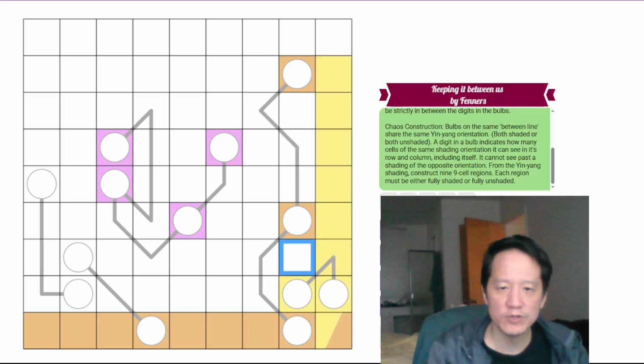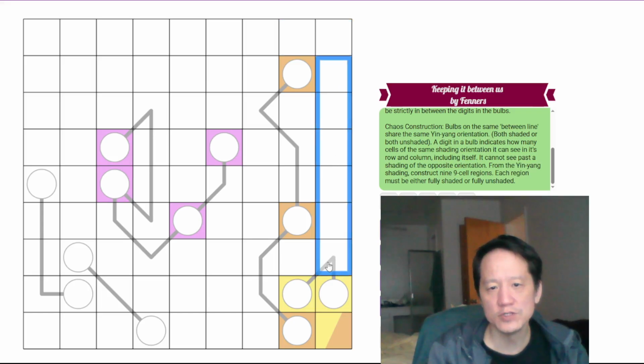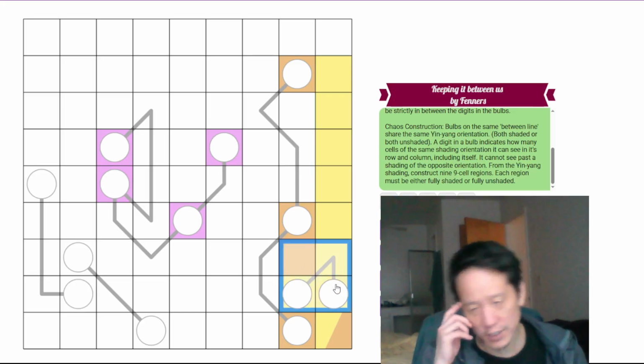We don't know anything about these. This is orange or yellow. Again, this cannot be all orange here because that makes a 2x2 area that's all orange. So this must be yellow up to here. That forces this to be orange because you can't have a 2x2 area that's all the same shading.